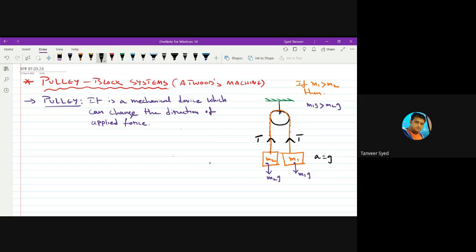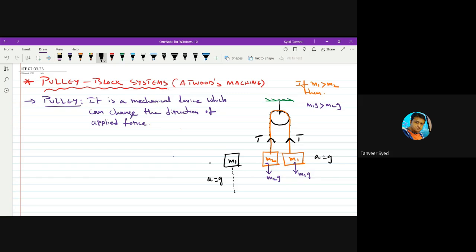Try to understand the difference between M1 released from rest, not tied to anything, and M1 falling down. That M1 will fall down with acceleration equal to the acceleration due to gravity, 9.8. But here M1 is not in free fall.